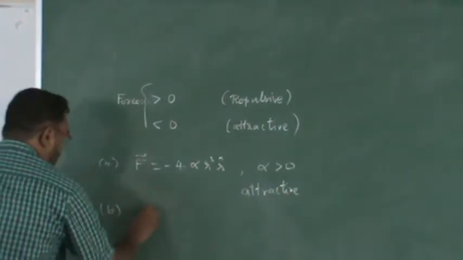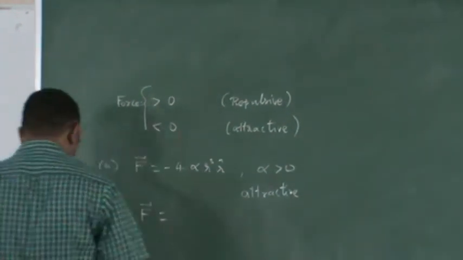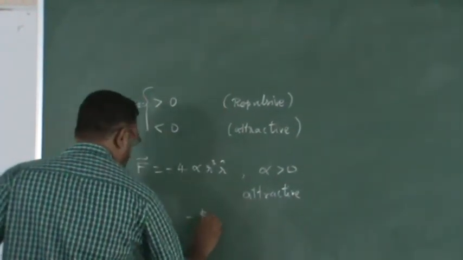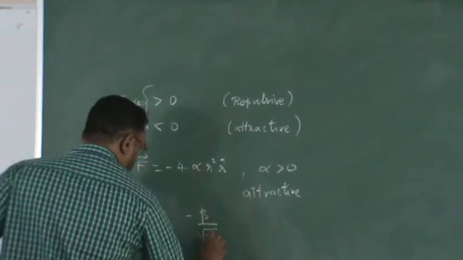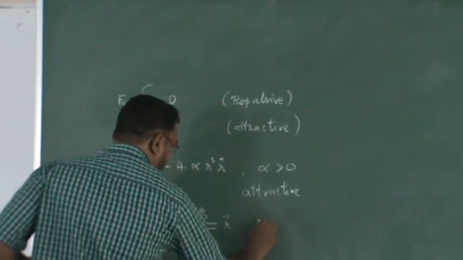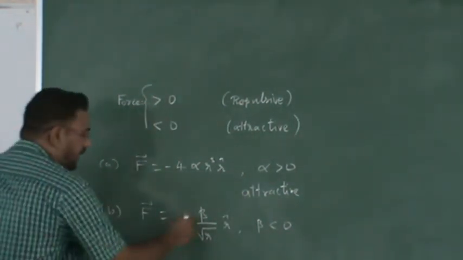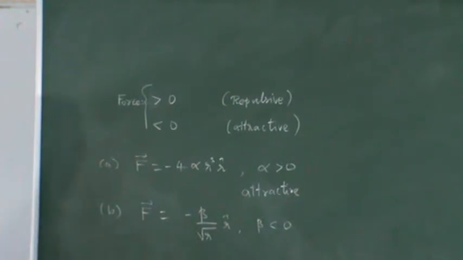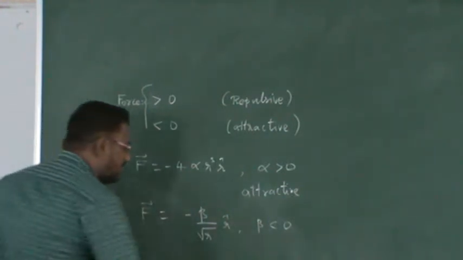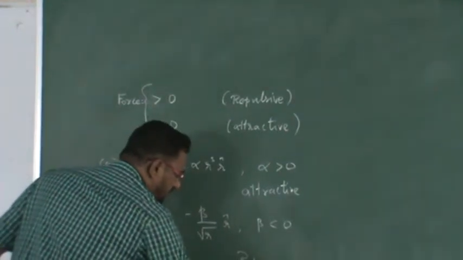Second one, F is equal to minus beta by root r, r cap, where beta is less than 0. Since the constant beta is negative, negative into negative is positive. Therefore, this force is repulsive.